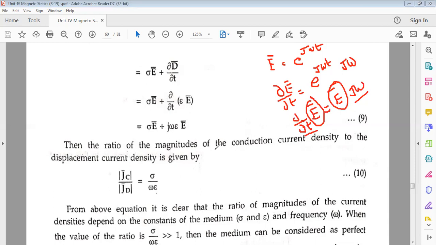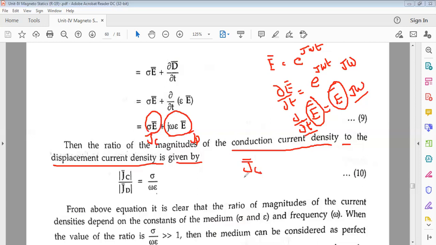Then the ratio of the magnitudes of the conduction current density to the displacement current density is given by: the value σĒ is JC, and the value jωεĒ is JD. Taking the magnitudes only, there is no real term in the second one; it is the imaginary term.